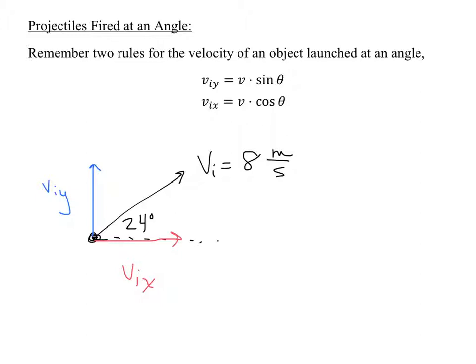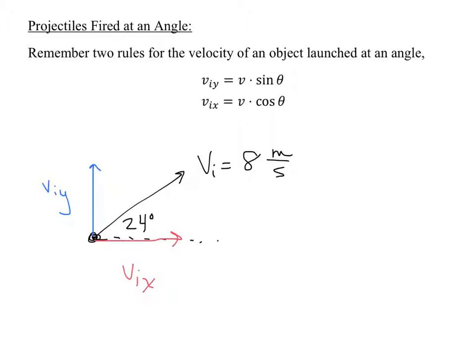So VIX is clearly bigger than VIY because our angle was 24 degrees. Does that make sense? Okay, the X has to be bigger here. When would the Y be bigger again? When would VIY be bigger than VIX if the angle were, fill in the blank? Good, bigger than 45 degrees. If the angle were bigger than 45 degrees.